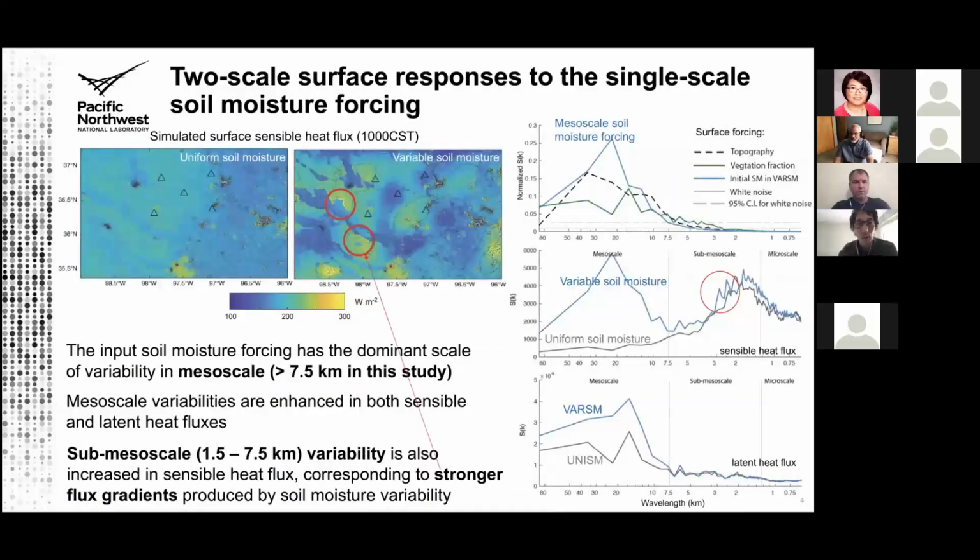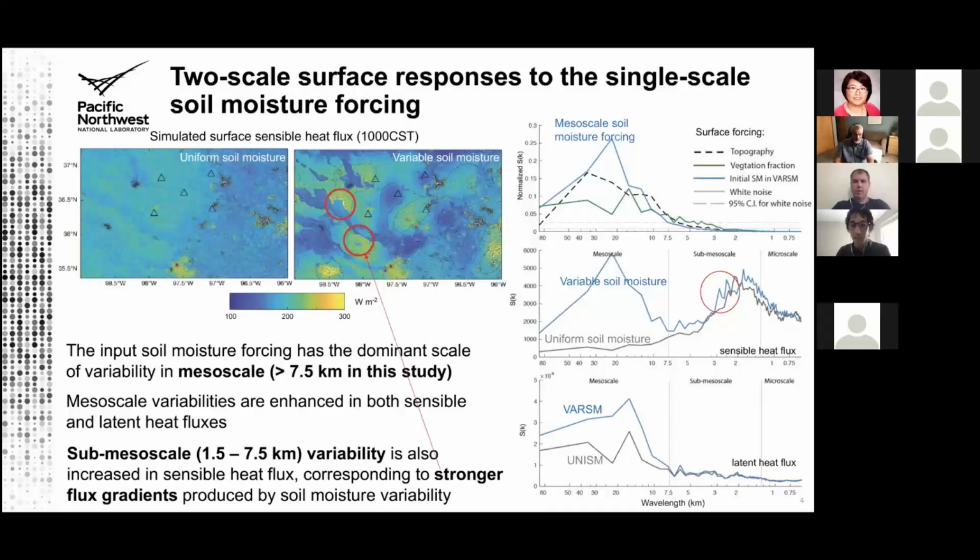Okay, so the results. When I take the 2D Fourier transform of the soil moisture and then average to a 1D representation, our soil moisture forcing has a single clear peak around 20 kilometers, as you see in the upper right panel. The surface sensible heat flux responds directly to this mesoscale energy, with pretty much the same shape in the variable soil moisture simulation, but also enhanced energy at smaller scales, what we call sub-mesoscale, between 8 and 1.5 kilometers as we defined.